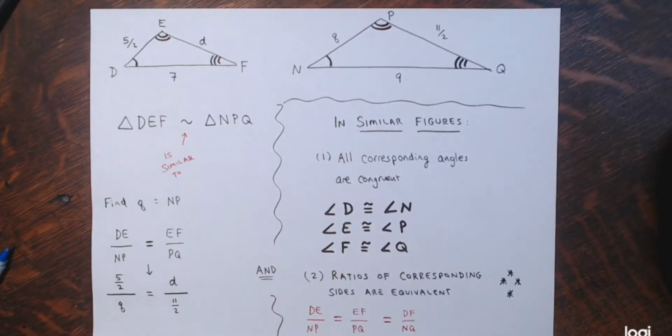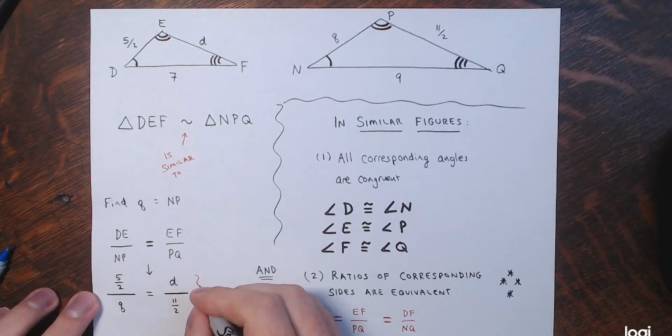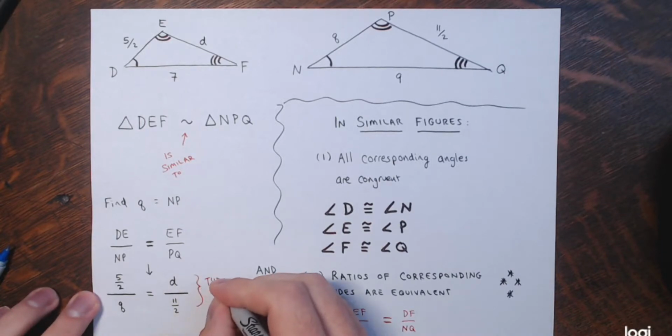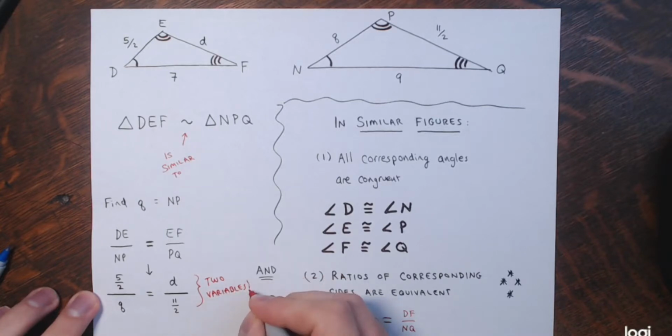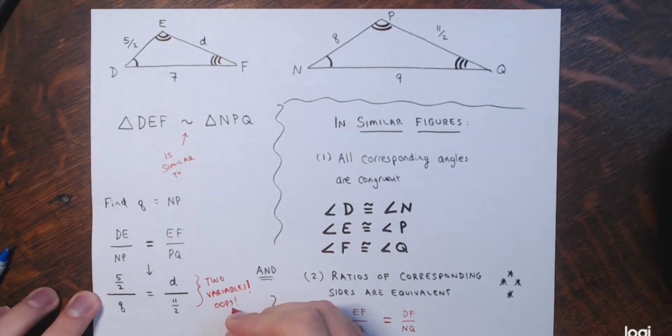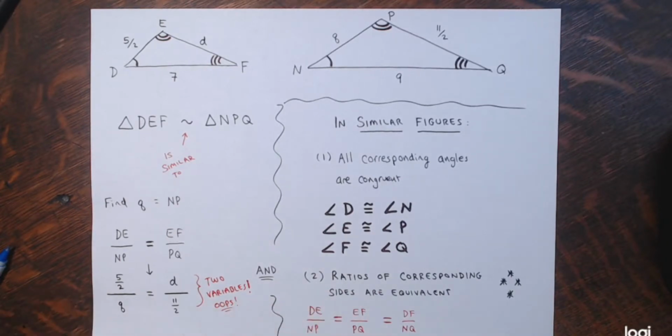There are two unknowns. I don't want that. There are two variables here, two unknowns. I want to set up these proportions so that there's only one variable, and then I can solve for it.